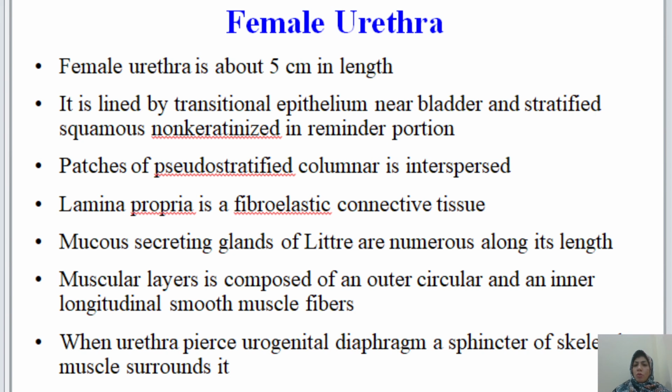Patches of pseudostratified columnar epithelium are interspersed, and the lamina propria of the urethra is fibroelastic connective tissue, with mucus-secreting glands numerous along its length. The muscular layer is composed of an outer circular and inner longitudinal smooth muscle fibers, and when the urethra pierces the urogenital diaphragm, a sphincter of skeletal muscle surrounds it.